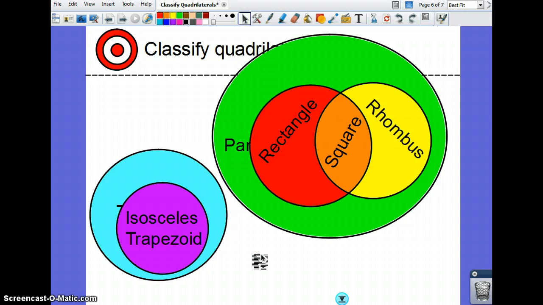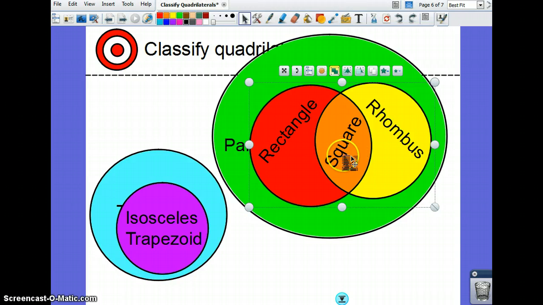So all the relationships work out for us. We're basically saying a square is a rhombus, but a rhombus is not necessarily a square. A square is a rectangle, but a rectangle is not necessarily a square. A rectangle, square, and rhombus are all parallelograms, but parallelograms are not necessarily rectangles, squares, or rhombi. An isosceles trapezoid is always a trapezoid. A trapezoid is not always an isosceles trapezoid. And there's no relationship between the parallelograms and the trapezoids.